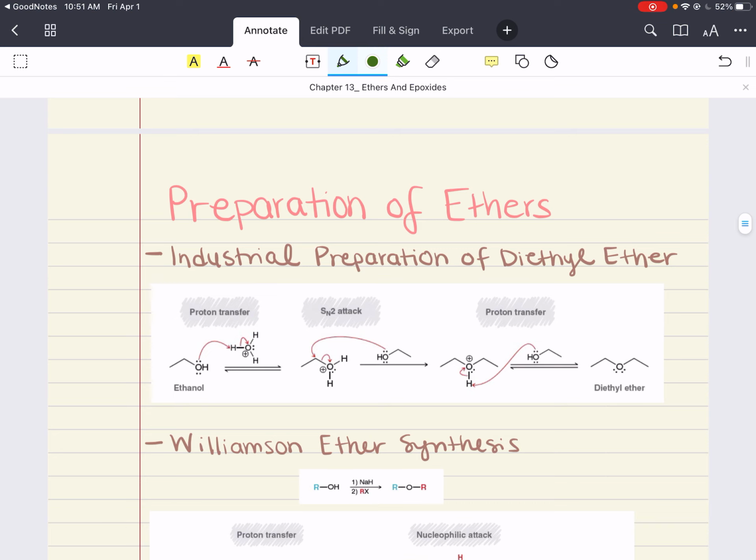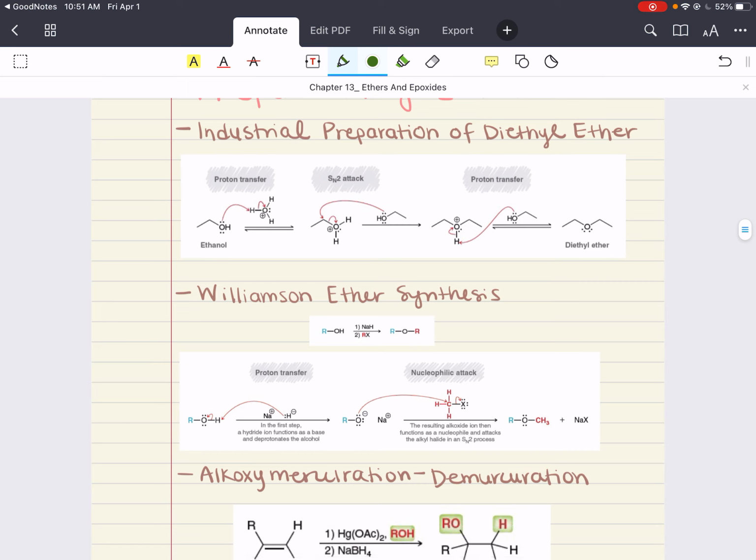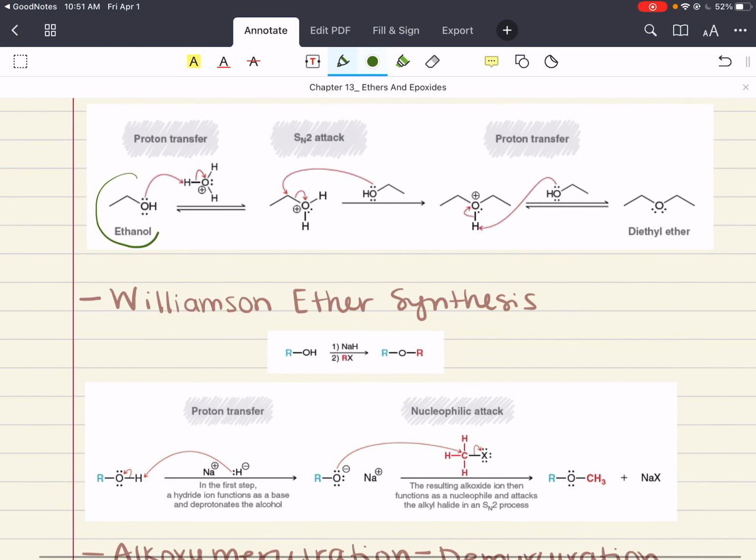What we're going to get into now is discussing preparation methods for ethers. Industrially, the preparation of ethers follows an acid-catalyzed dehydration of ethanol. The mechanism of this process is believed to involve an SN2 reaction. A molecule of ethanol is protonated and then attacked by another molecule of ethanol in an SN2 process.